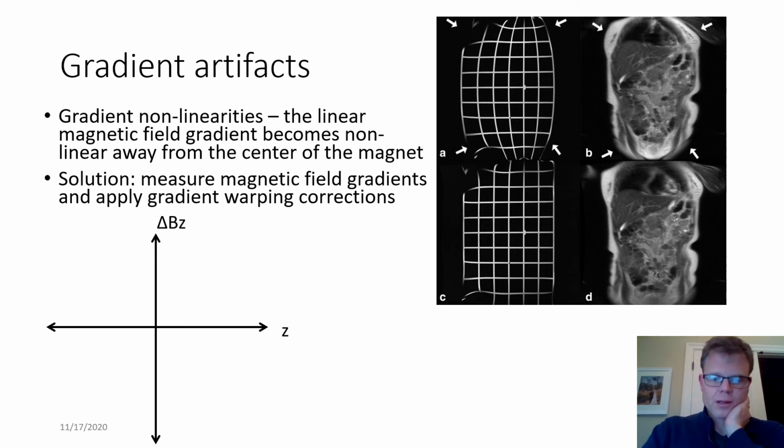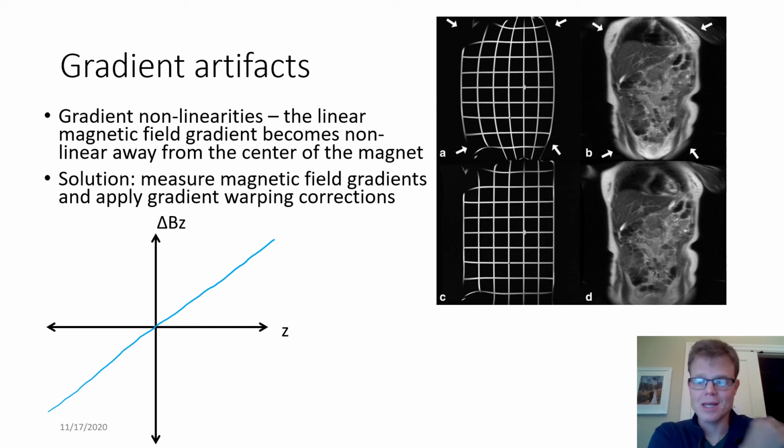Now, another type of gradient artifact is gradient non-linearities. What we want our gradient to do is what I'm going to draw here in the blue. We want our gradient to create this change in magnetic field as a function of position.